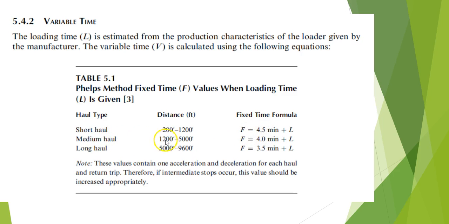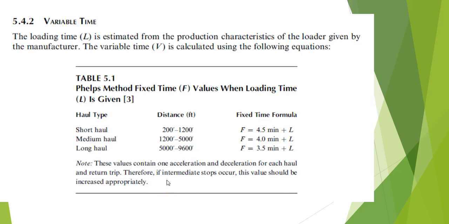For a medium haul of 1200 to 5000 feet, just under a mile, again, F equals 4 minutes plus L. And for a long haul, which is 5,000 to 9,600 feet, or about 1 to 2 miles, just short of 2 miles, the fixed time equals 0.35 minutes plus L. Obviously, the longer the haul, the more efficient, and that's why, when we looked last time at the distances where you'd use different equipment, for hauls over about a mile or so, the trucks are really a good way to go.